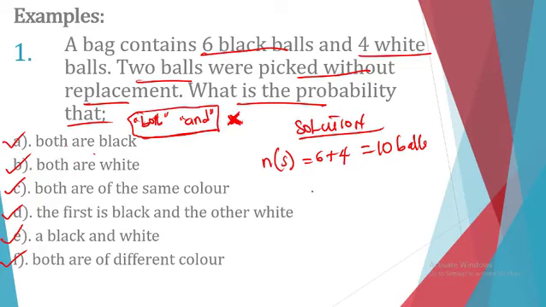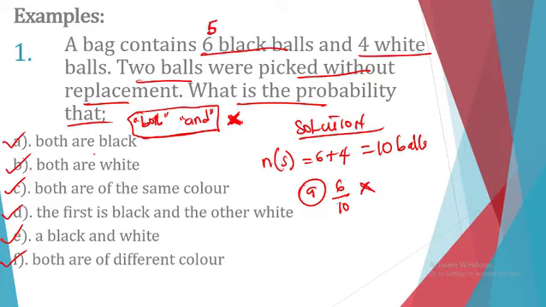Now let us start. For our A, if we pick the first black ball, it will be how many? It will be 6/10. Is that correct? Then picking the second black ball, remember there is no replacement. He said it was chosen without replacement. Picking the second ball will now reduce the number of black balls to 5, because one has already been chosen.